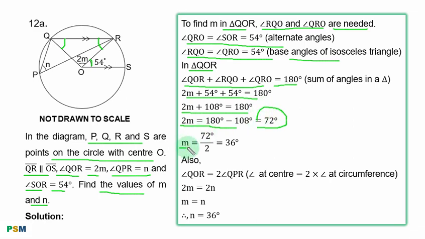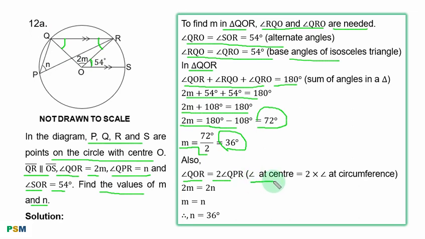Therefore, M is equal to 72 degrees divided by 2, and that is 36 degrees. Also, angle QOR is equal to 2 times angle QPR.